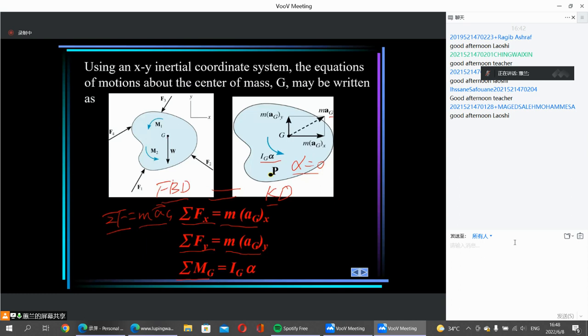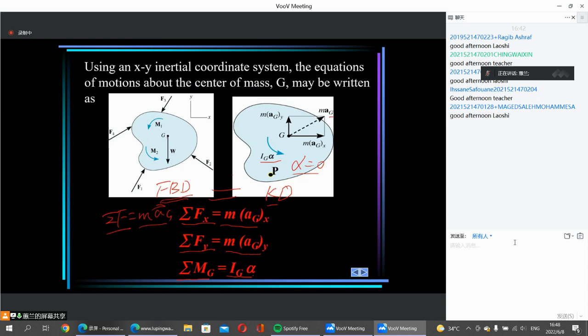So for the real force system from the FBD, we know all the forces here, including the moment, right? The resultant moment about the mass center of the real force system is equal to the kinetic moment, equal to I_G alpha.